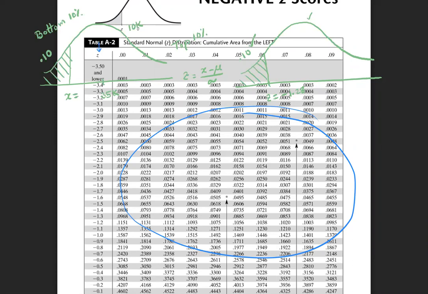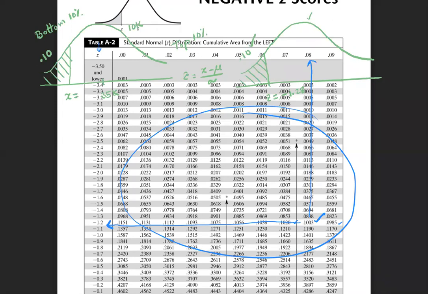The closest value I see is 0.1003, because 0.0985 is smaller than 0.1 and 0.1020 is bigger than 0.1. Now, the corresponding row is negative 1.2, and the corresponding column is 0.08.